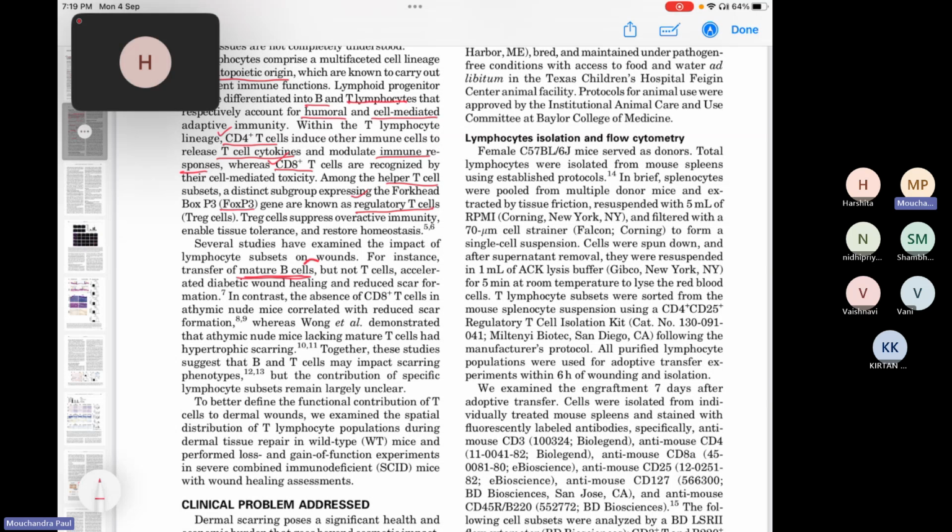Here, what they are saying is that people have tried to correlate the role of B cells with the wound healing process, but what is the role of T cells and how they affect the scarring process is not very clear so far, until this study.